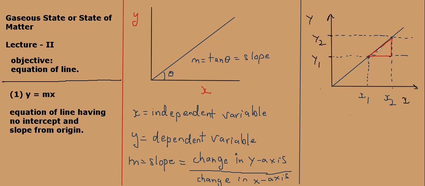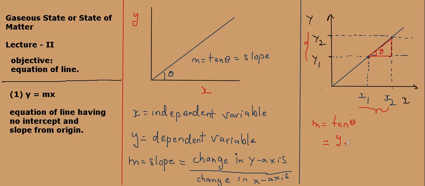From here you can calculate a theta angle. So here we can calculate the slope in this manner. You know, m is equal to tan theta, right? Or here, the change in y-axis with respect to x-axis. This is the change in the y-axis and this is the change in the x-axis.